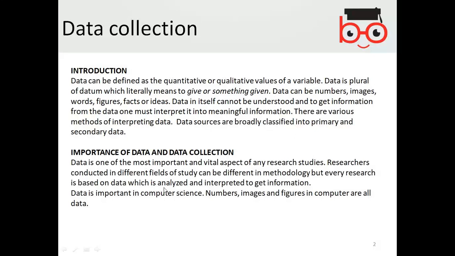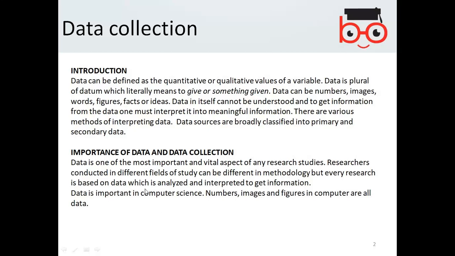So, the importance of data and data collection. Data is one of the most important and vital aspects of any research study. Researchers in different fields of study can differ in methodology, but every research is based on data.